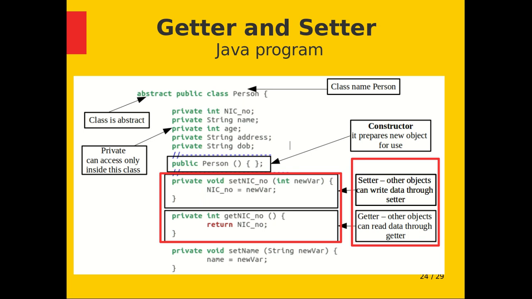Here, the NIC number can be written through the method setNICNumber. Data to the NIC number can be sent by the setNICNumber method. Data from the NIC number can be accessed by the getNICNumber method.